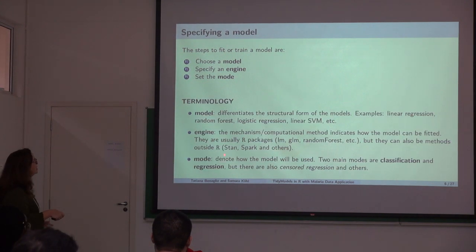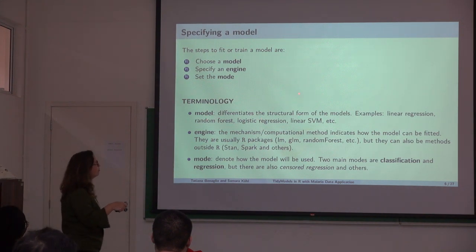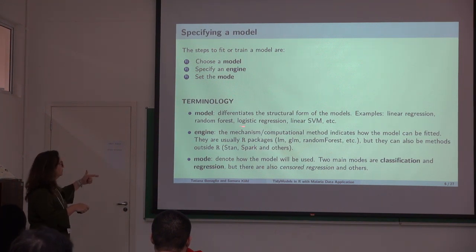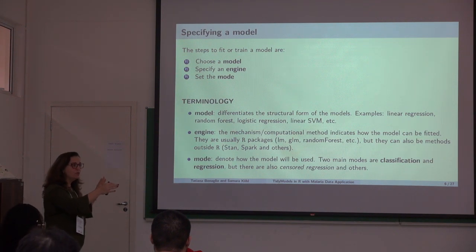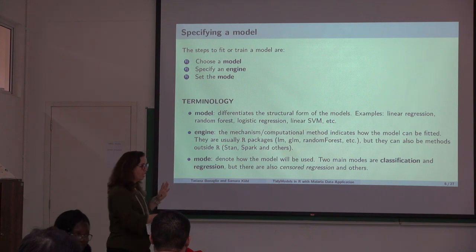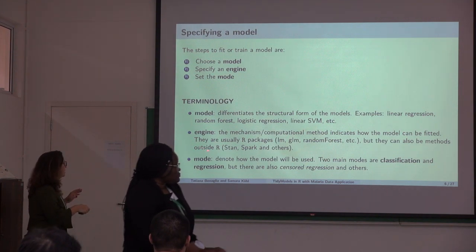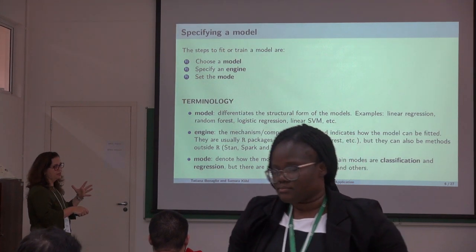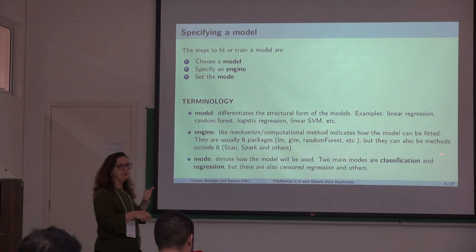Okay? And then the terminology. The model differentiates the structural form of your model. So if it is a linear regression, a random forest, a logistic regression, and so on. So you're just saying what you're going to fit. And then the engine is the mechanism or the computational method that indicates how the model can be fitted.